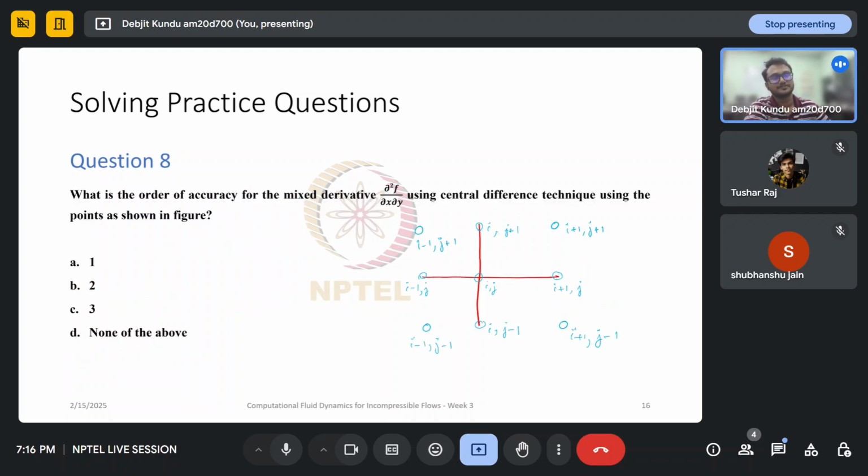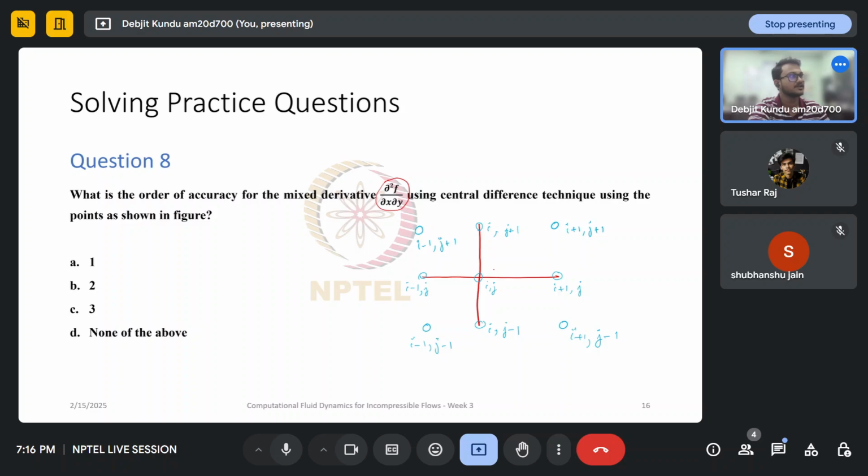Okay, so rolling to question 8 right now. What is the order of accuracy for the mixed derivative? So we have this mixed derivative over here, ∂²f/∂x∂y, using central difference technique, using the points as shown in the figure. So I have drawn a figure over here earlier.